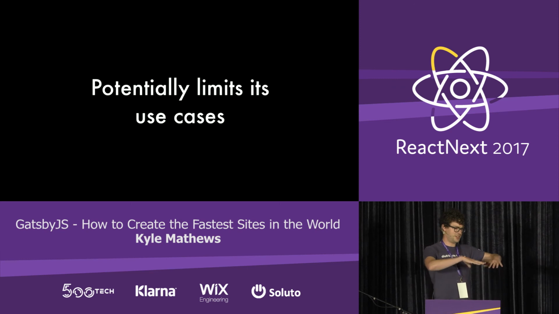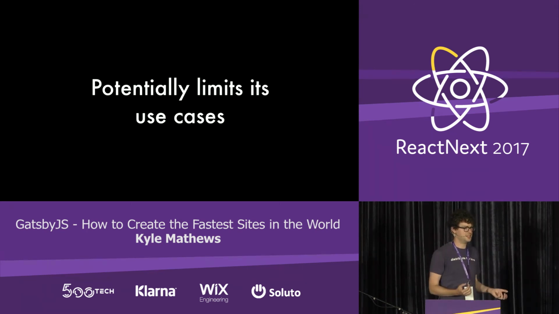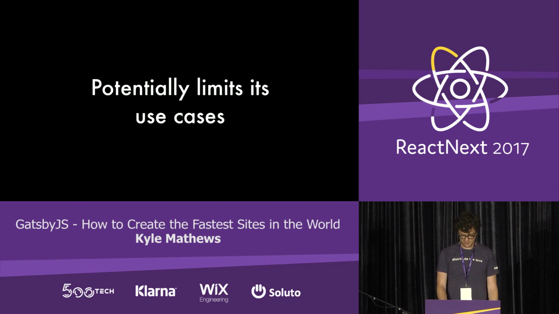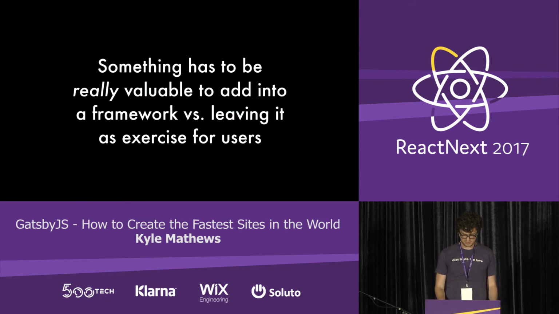Something very small and unopinionated can be used successfully in lots of places, and the more opinionated it becomes, the less it can do or be useful in fewer areas. So something has to be really valuable to add it to a framework versus leaving it to users.